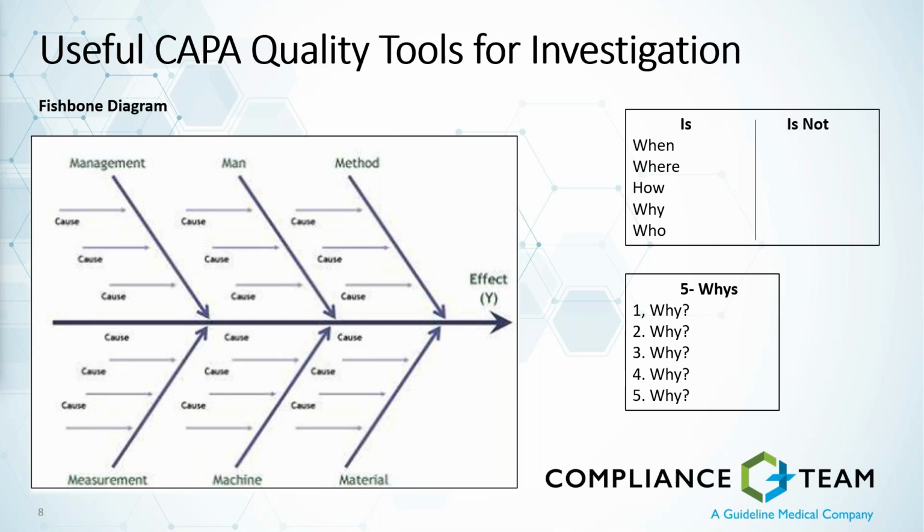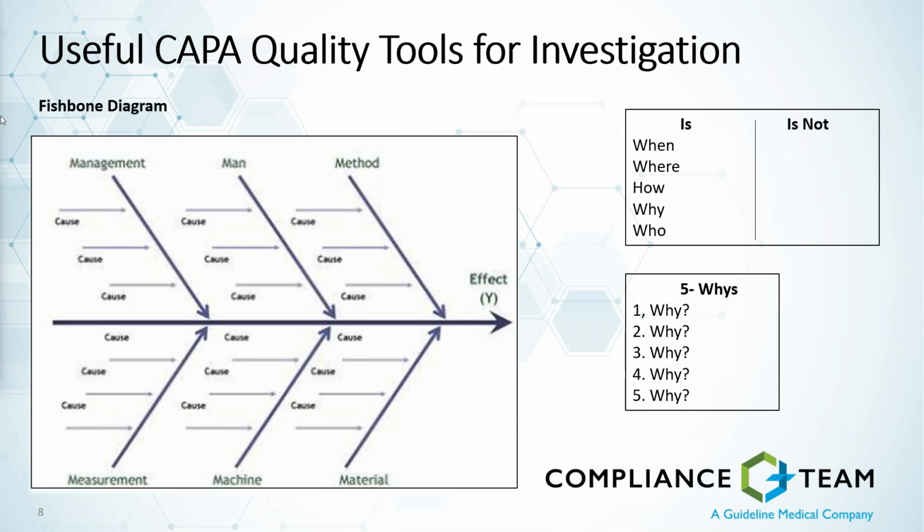Several of you asked questions about when to use what tools and how do I know what tool I should use. And here are some examples of the different tools. The fishbone diagram, where you're looking at all the things that could lead into the root cause of the issue.